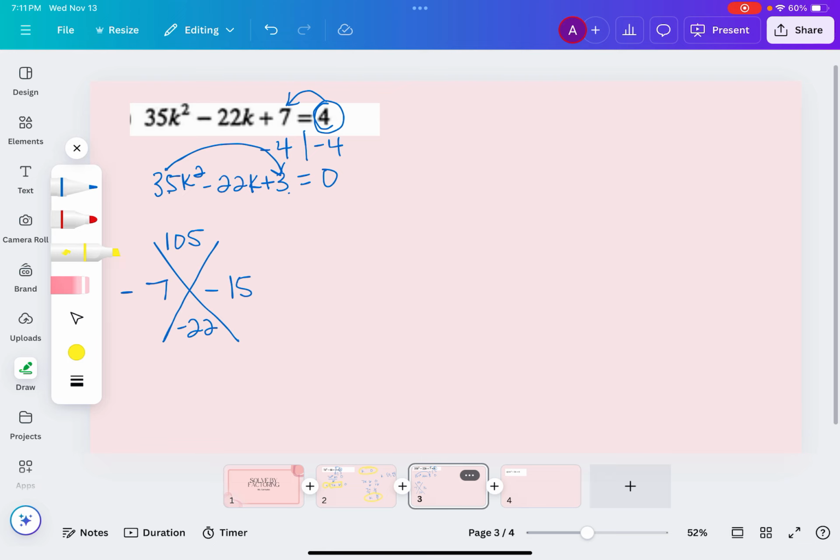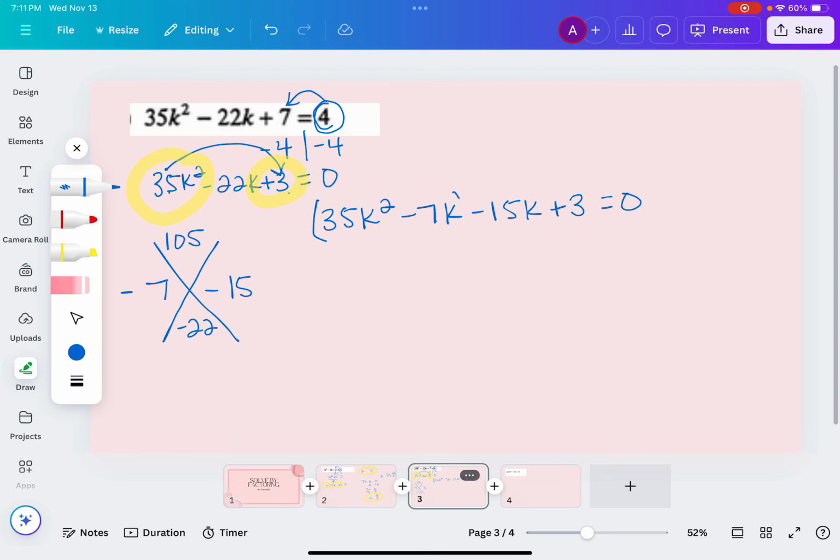Okay, remember, grouping, we are keeping the first term the same and the last term the same. We're changing the... Oh, this does not want to work for me. Okay, we are changing the middle term. So 35k squared minus 7k minus 15k plus 3 equals 0. So we are grouping.